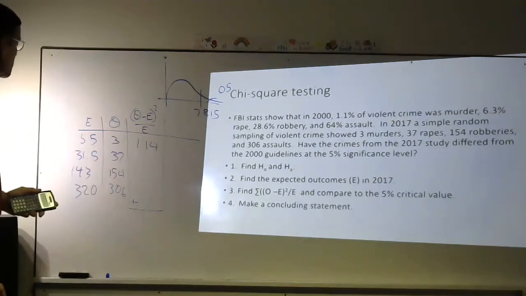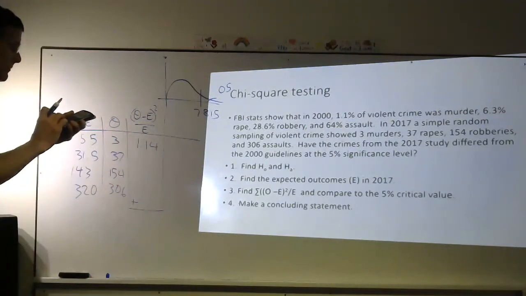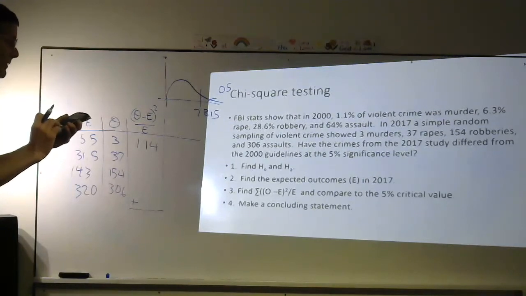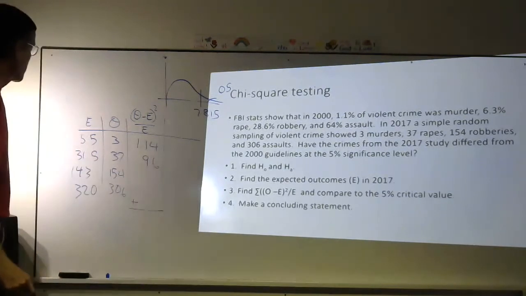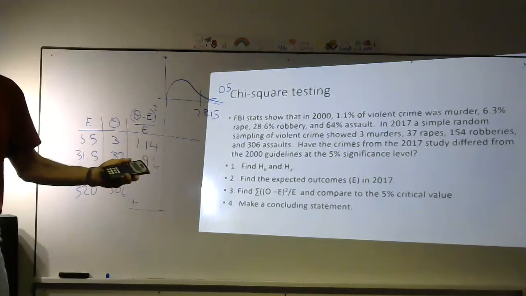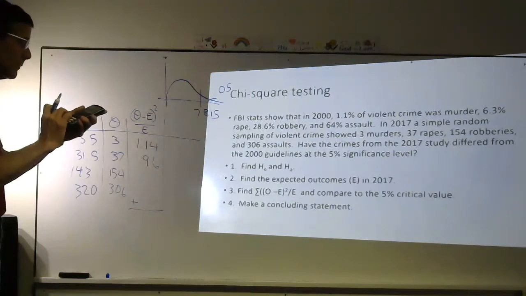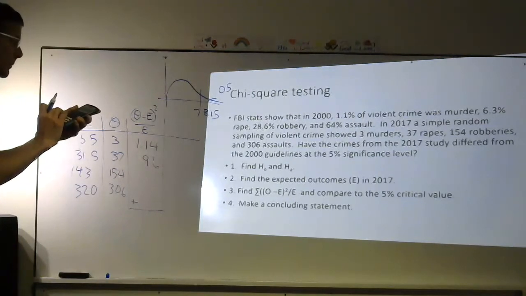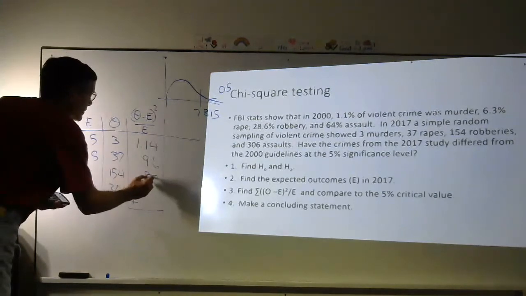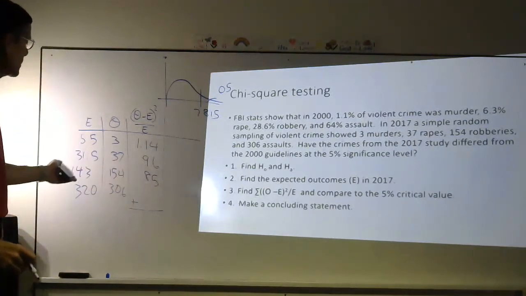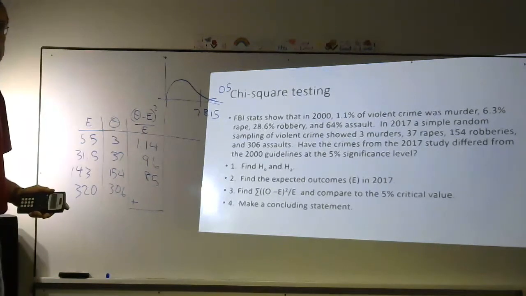37 minus 31.5 is 5.5, so square that. And then divide by 31.5. And I get 0.96. 154 minus 143 is 11. Squared is 121 divided by 143. I get 0.85. 320 minus 306 is 14.